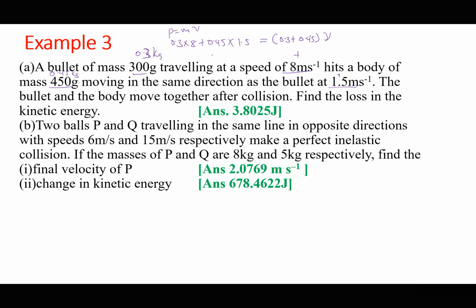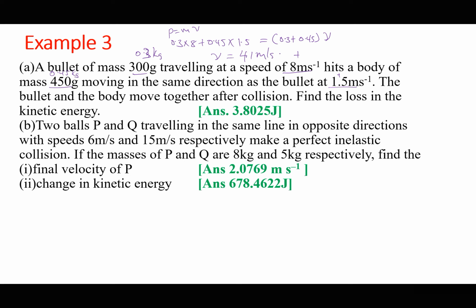So I want to find v. I'll just use my calculator: 0.3 times 80 plus 0.45 times 1.5, then divide by 0.3 plus 0.45. So the velocity after collision is 32.1 meters per second.